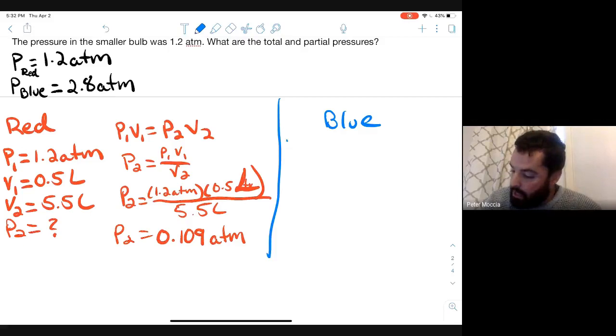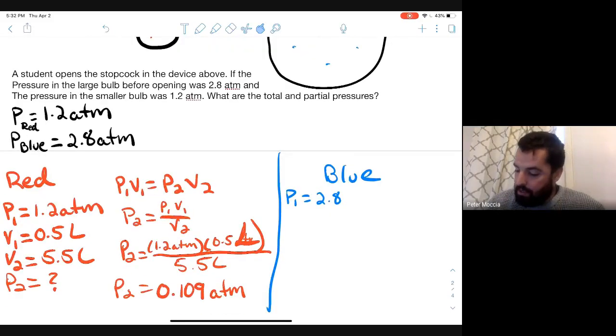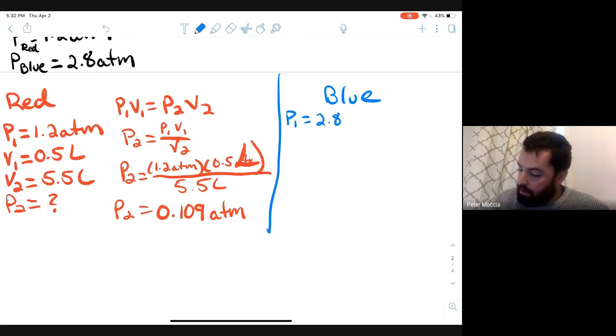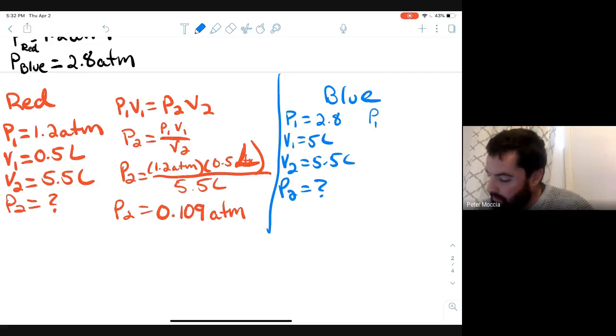For the blue one, our P1 is equal to 2.8 atmospheres, right here. Our V1 is 5 liters. Our V2 is 5.5 liters. And our P2 is our unknown. For this one, because the volume didn't increase by as much, watch, the pressure won't decrease as much. But P1V1 equals P2V2, so P2 is going to equal P1V1 over V2.